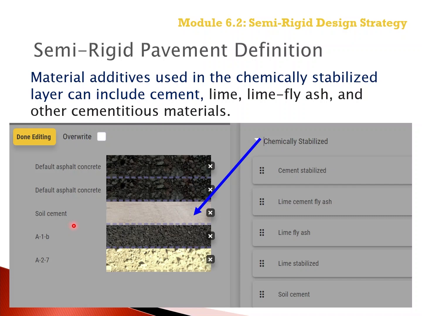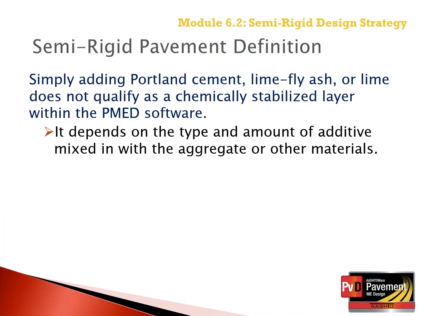So this is where we have a cement stabilized base, cement fly ash stabilized base, soil cement that's placed, and then the asphalt layers are placed directly on that chemically stabilized layer. And that would qualify as a semi-rigid pavement in terms of the MEPDG.